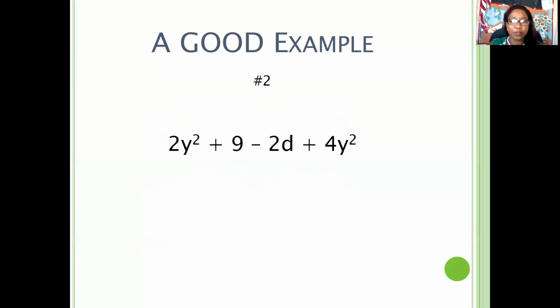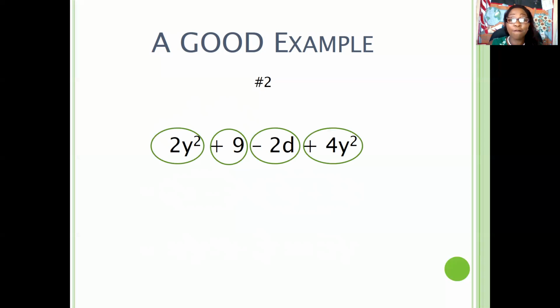Example number 2. We have 2y squared plus 9 minus 2d plus 4y squared. Now, step 1, let's look at our terms. We have 4 terms. Let's see which are like terms.